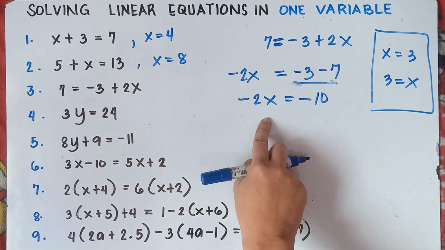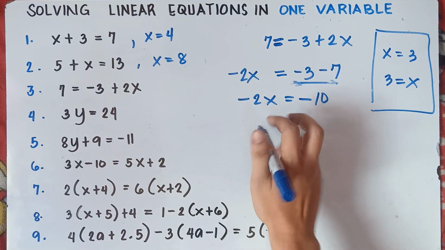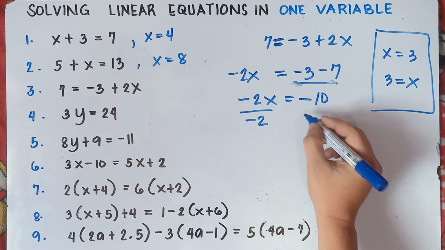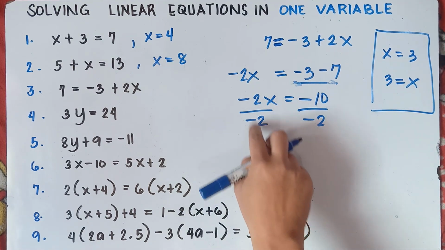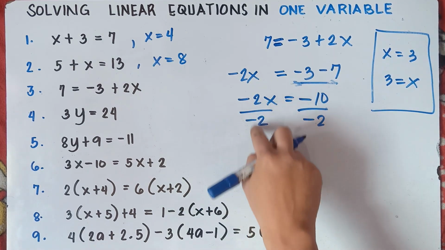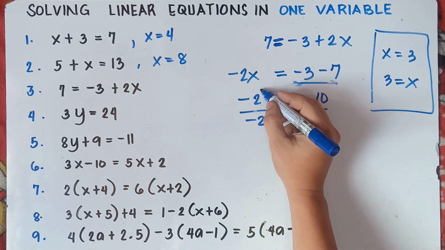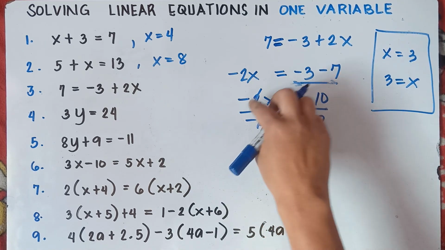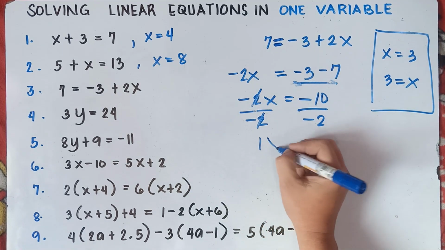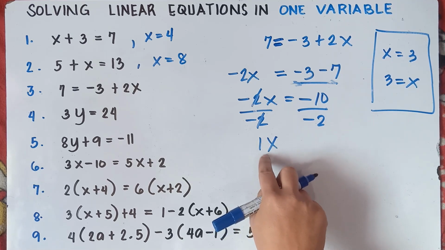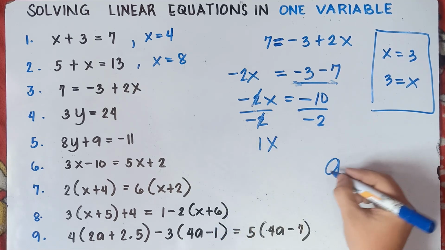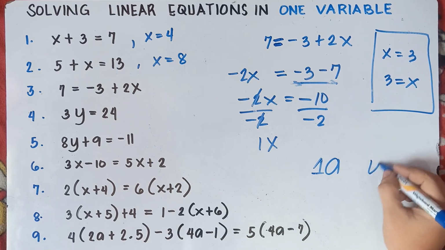So to get the value of x, divide both sides by negative 2. You should divide both sides by negative 2, class, so that we can cancel this out. Negative 2 divided by negative 2, that's positive 1x, or x. Understood, class, that any variable has a numerical coefficient of 1.